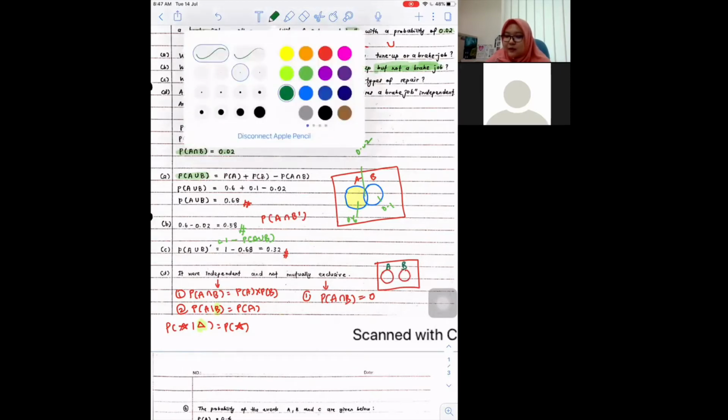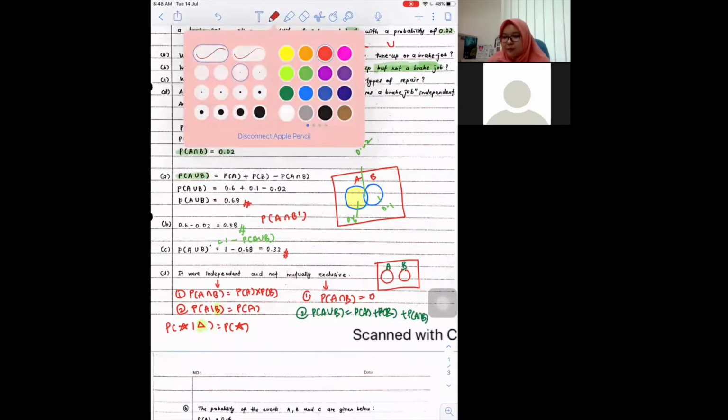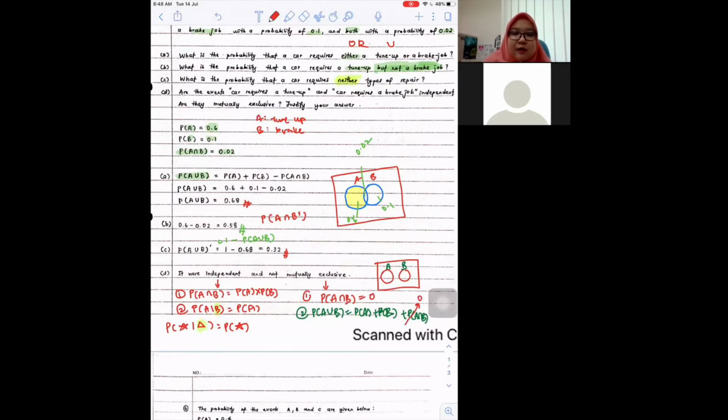So from this formula here, therefore you can also check another one. P(A union B) is just P(A) plus P(B). Why? Because the intersection is equal to 0. Okay, I hope you are clear with these two notations here. These two notations are very crucial for this chapter.